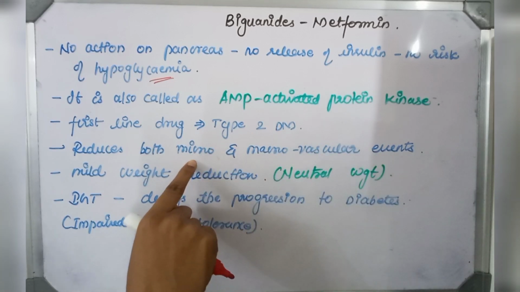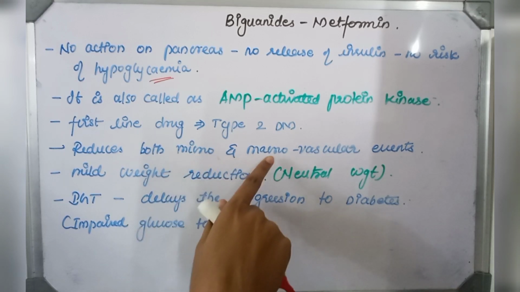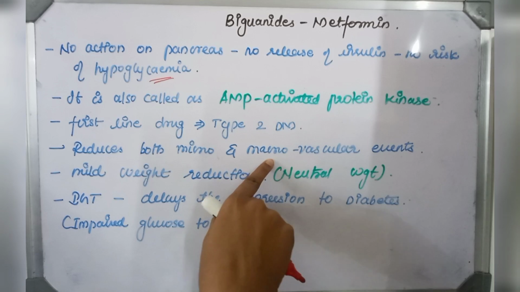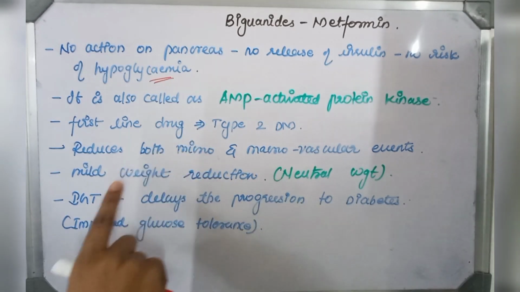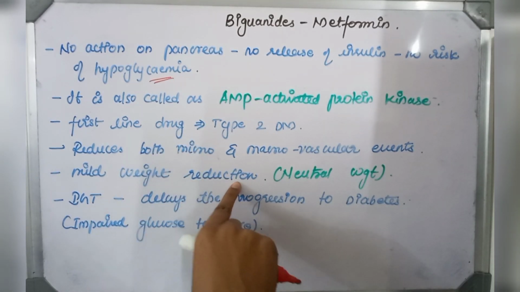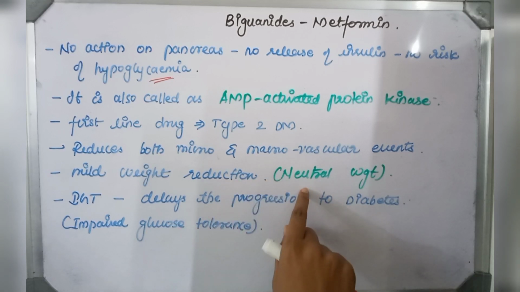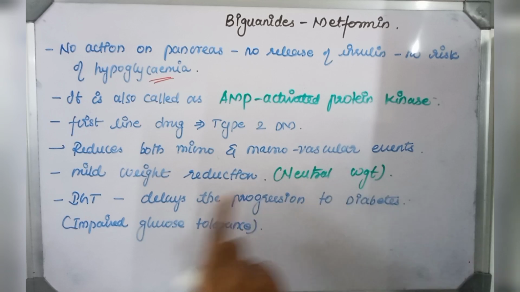Microvascular events include angiopathy and retinopathy, and macrovascular events include cardiac and cerebrovascular diseases. These get reduced by the use of metformin. There is a mild weight reduction, or it is called weight neutral, which means the weight is maintained as it is.